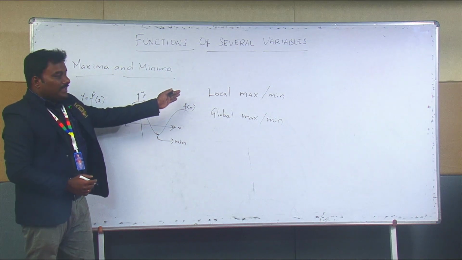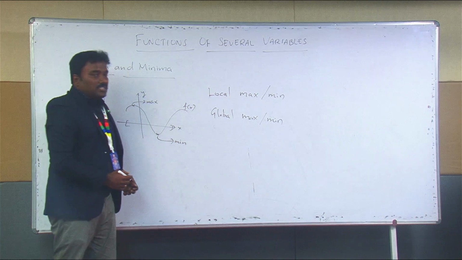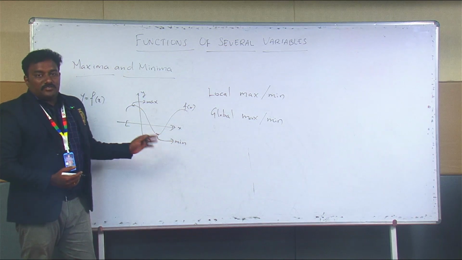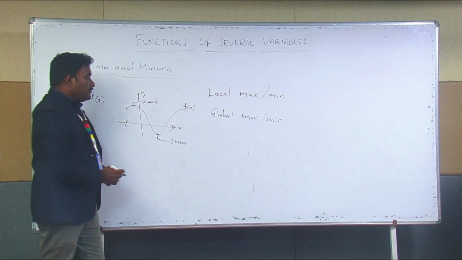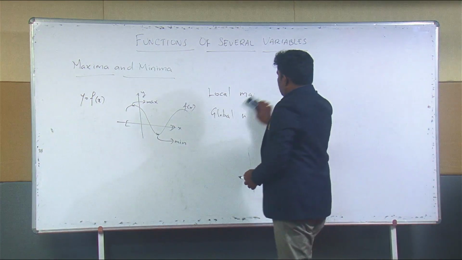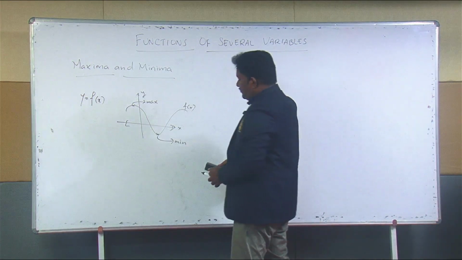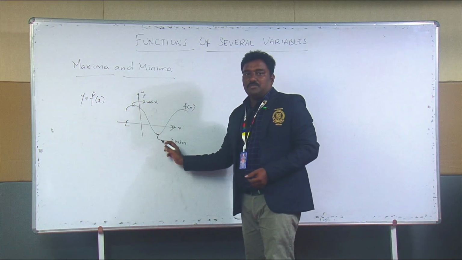They are called local maximum and local minimum. Global maximum and global minimum are for the entire region of the x axis. Here we have formed this maximum and minimum value.